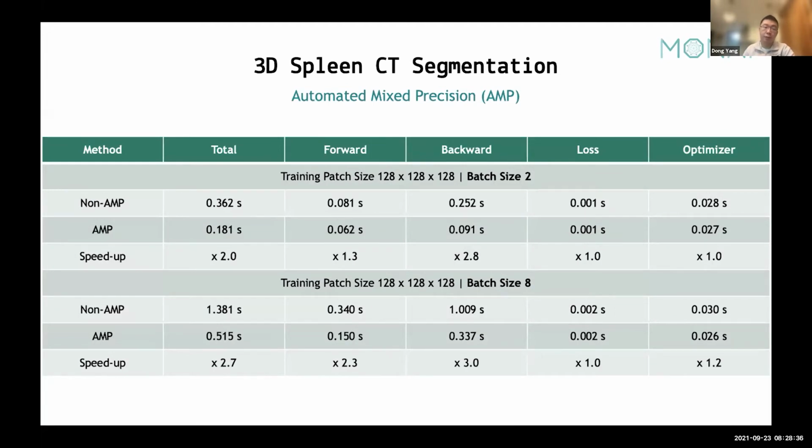You can see the most gain from those two columns, and with a large batch size, the improvement is even better. With AMP, you get more than two times improvement during training, which will largely improve your training efficiency.